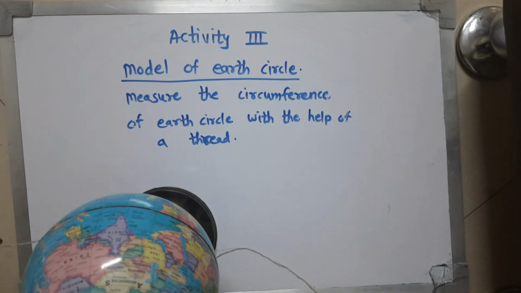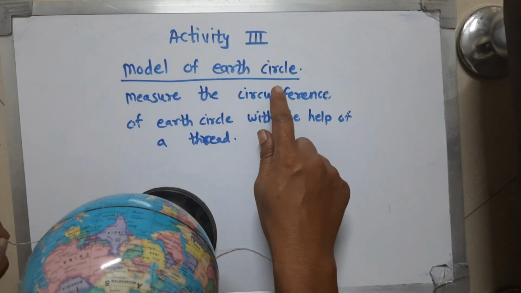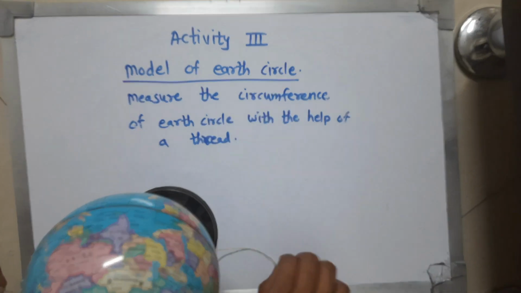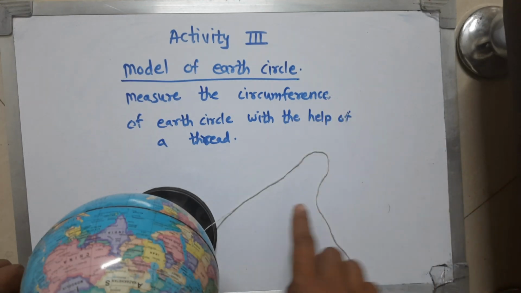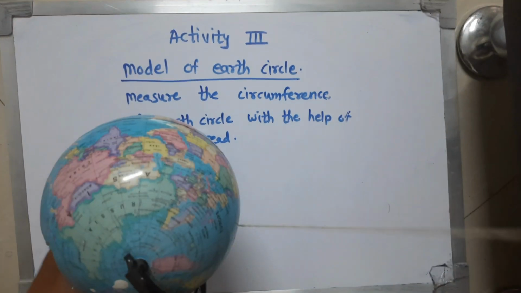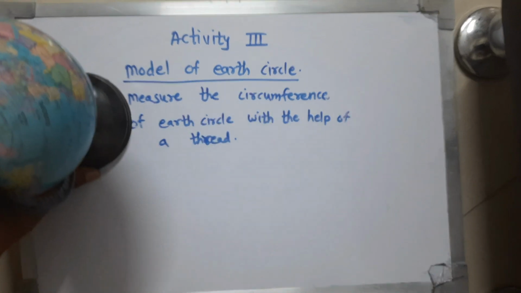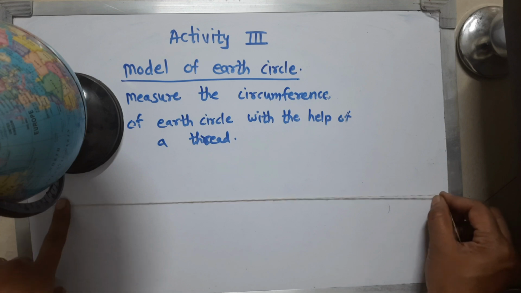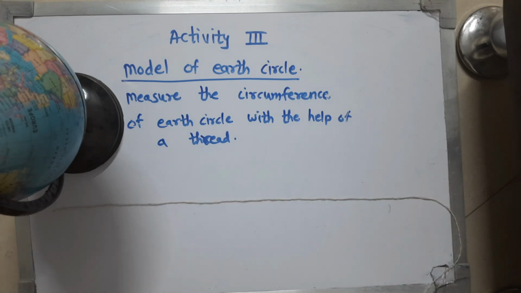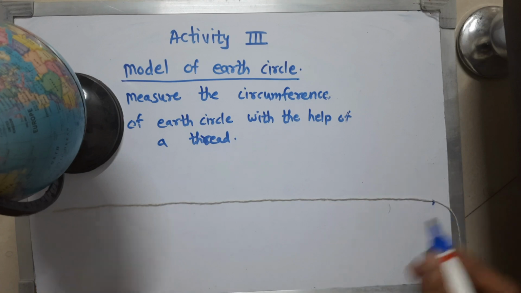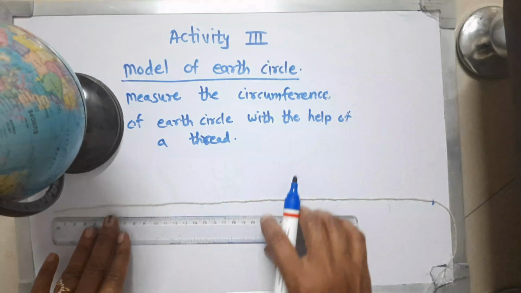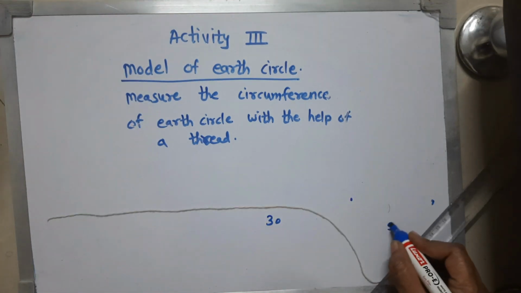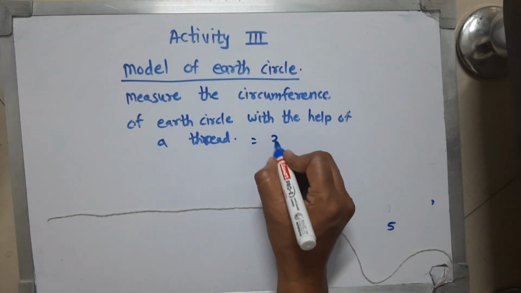Next activity is model of circle circumference. Measure the circumference of an earth circle with the help of a thread. I measure the circumference of the earth circle by thread and measure the thread by scale. 30 cm and 5 cm.